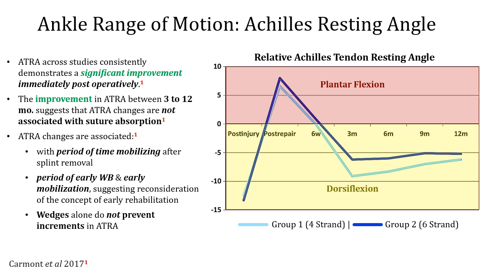So the improvement in the ATR between 3 to 12 months suggests that the ATR changes are not associated with the suture absorption. The ATR changes are more associated with the period of mobilization after the splint removal.